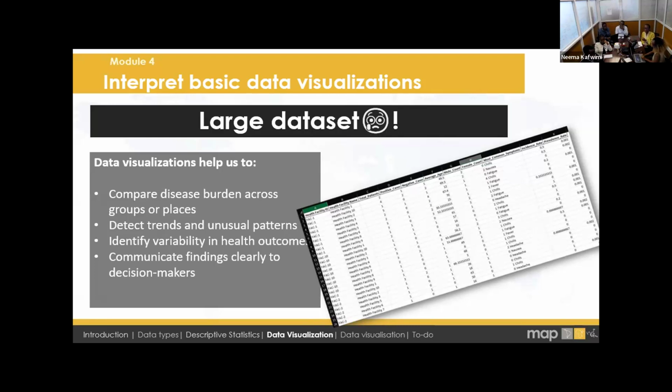So you have to take it and visualize it in order to easily learn and identify any patterns, trends, and relationships. In this context, we use data visualization, which helps us to compare disease burdens, to detect trends, but also to communicate findings more clearly to decision makers.